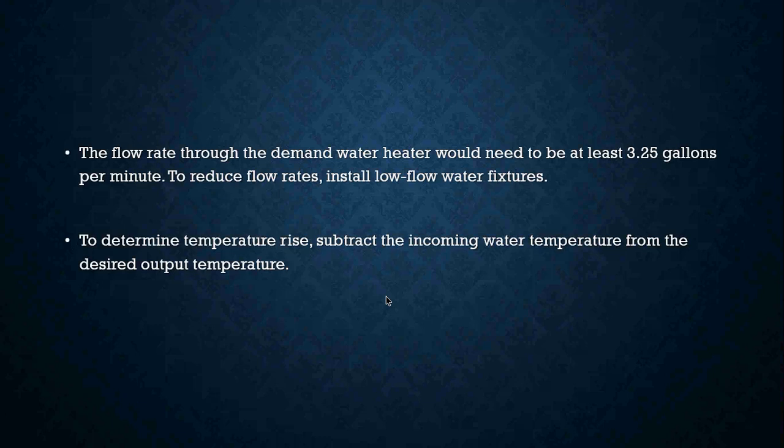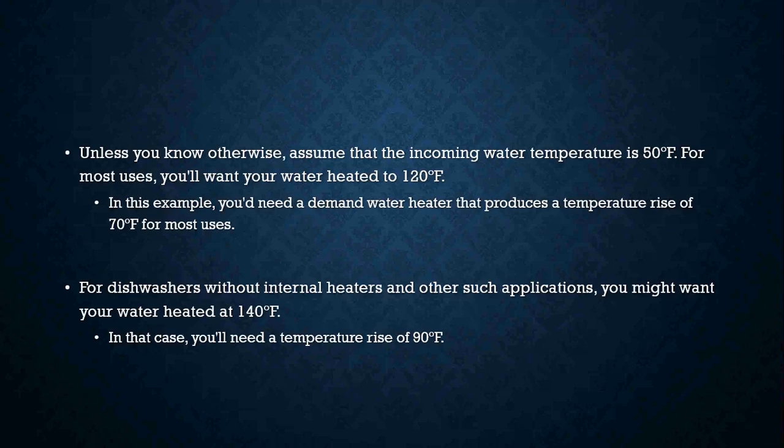Okay? To determine temperature rise, we're going to subtract the incoming water temperature from the desired output temperature. Okay, so for example, we have 50-degree water coming in, and we want that water to be heated to 120 degrees.